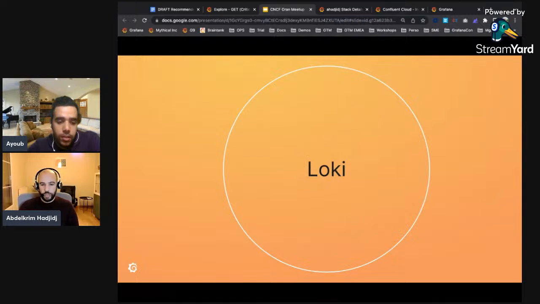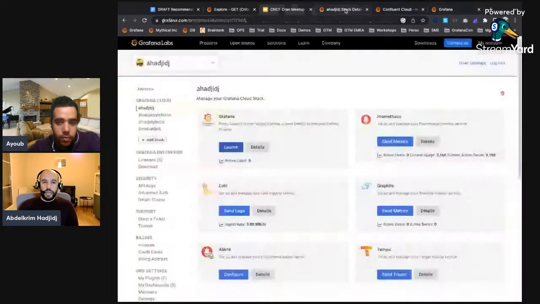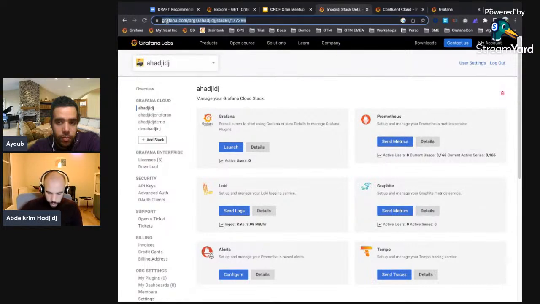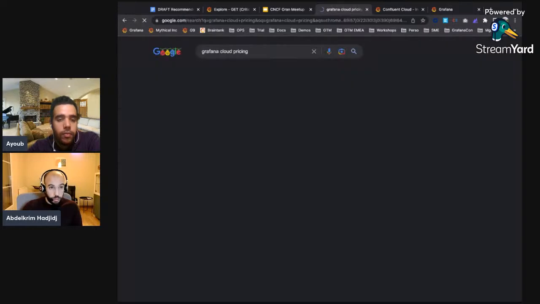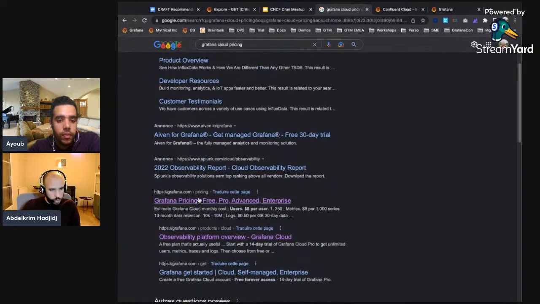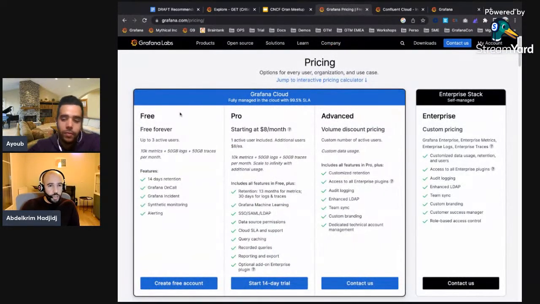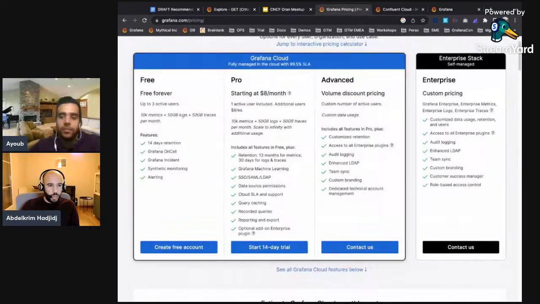and again, it's free. And now, if you don't want to manage it yourself and you want to use the cloud version, as I said, there is Grafana Cloud pricing. Everything is public. You have this free tier where you can go up to 10,000 metrics.